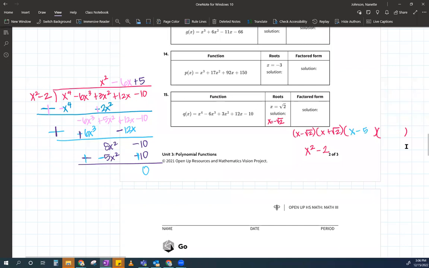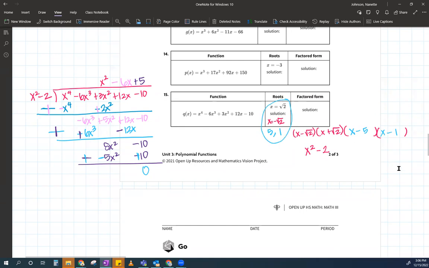Negative 5 times negative 1 is positive 5, and negative 5x minus x is negative 6x. So here's my factored form. I just have to write the rest of my zeros and then I'm done. The rest of my zeros are going to be 5 and 1, and those are all my zeros. So here's all my zeros, and here's all my factors.